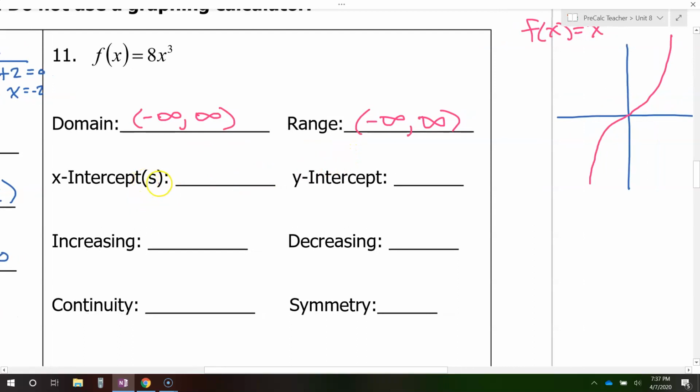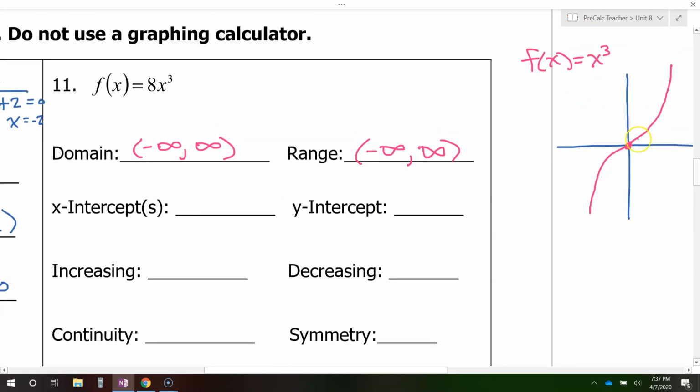But that will also give you the x-intercept and y-intercept. Because like the parent function, the x and y-intercept will be the origin. So we're going to have 0, 0, and 0, 0. This will also help us with our increasing and decreasing intervals.